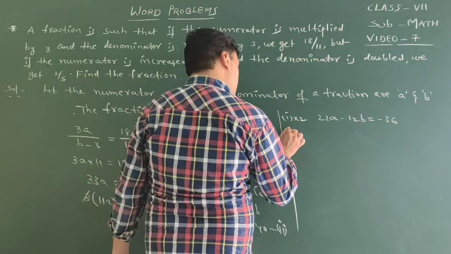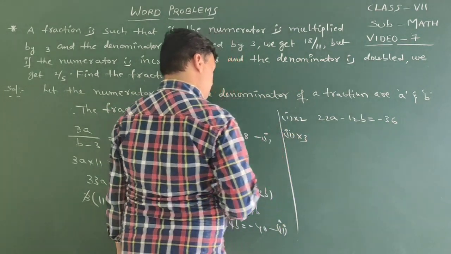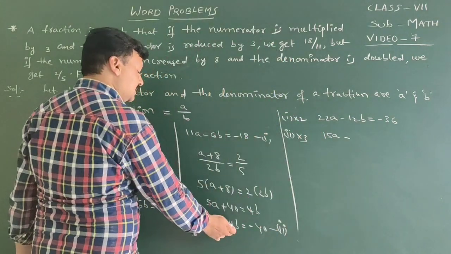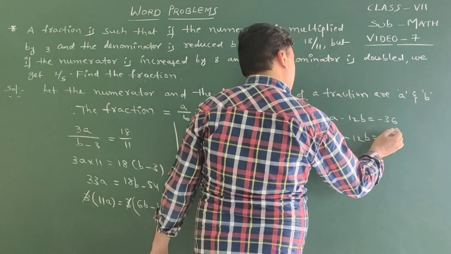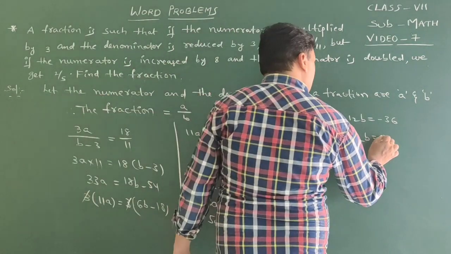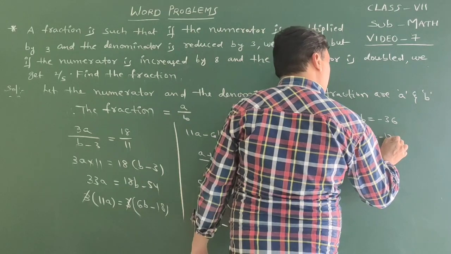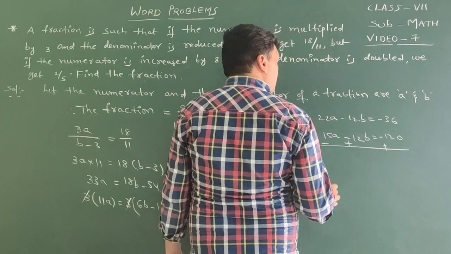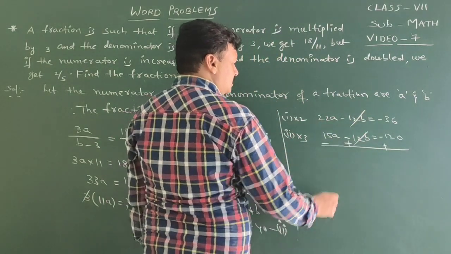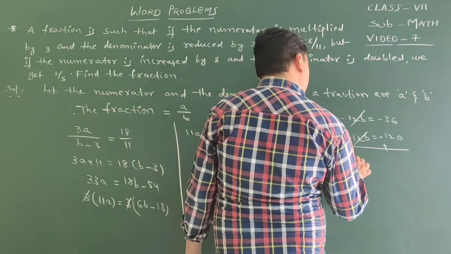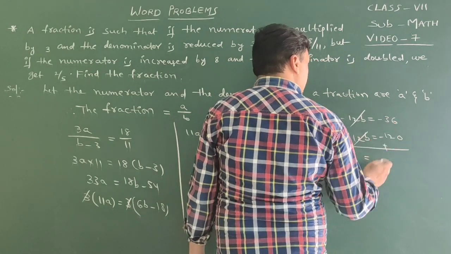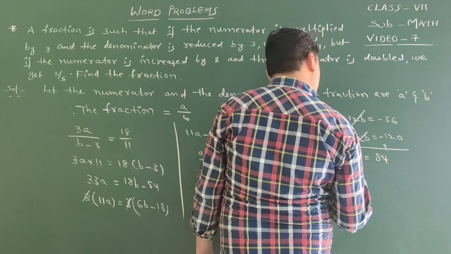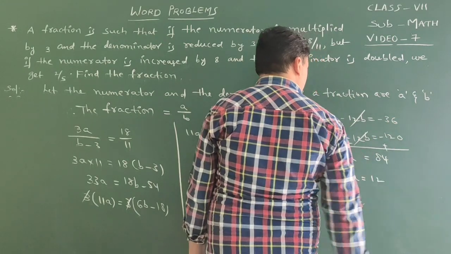Now the second equation multiplied by 3, then 3 fives are 15a minus 12b equal to minus 120. So 12b gets cancelled. 22 minus 15 equal to 7a. 120 minus 36 is 84. So a equal to 12.